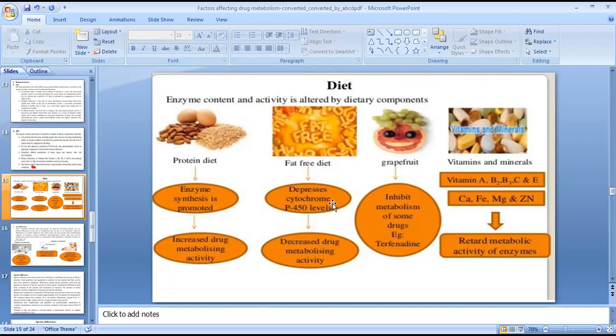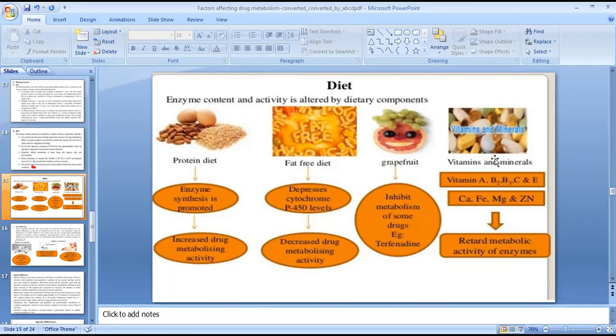and decrease drug metabolizing ability. Then if we take fruits in our diet, they inhibit the metabolism of some drugs, depending upon the type of fruit. For example, if we take grape as a fruit, then grape will inhibit the metabolism of some drugs, and an example of such a drug is terfenadine.